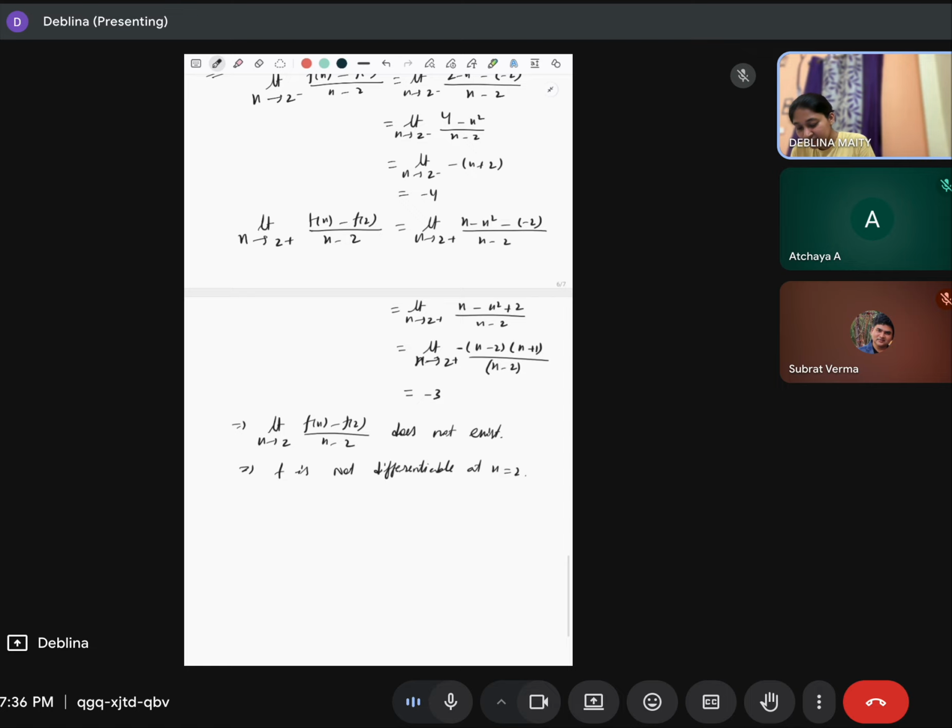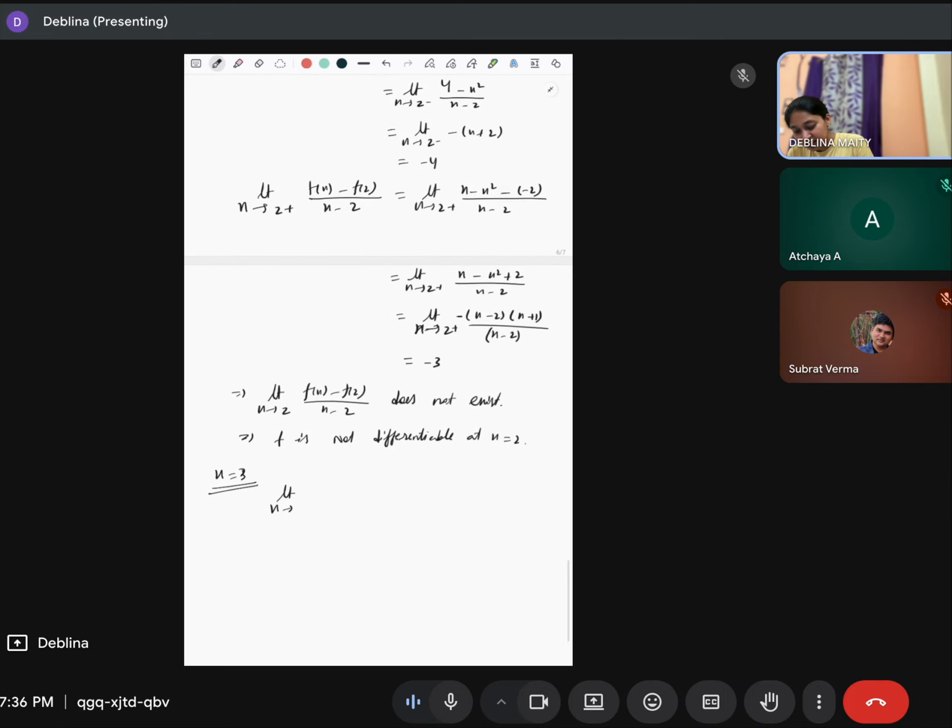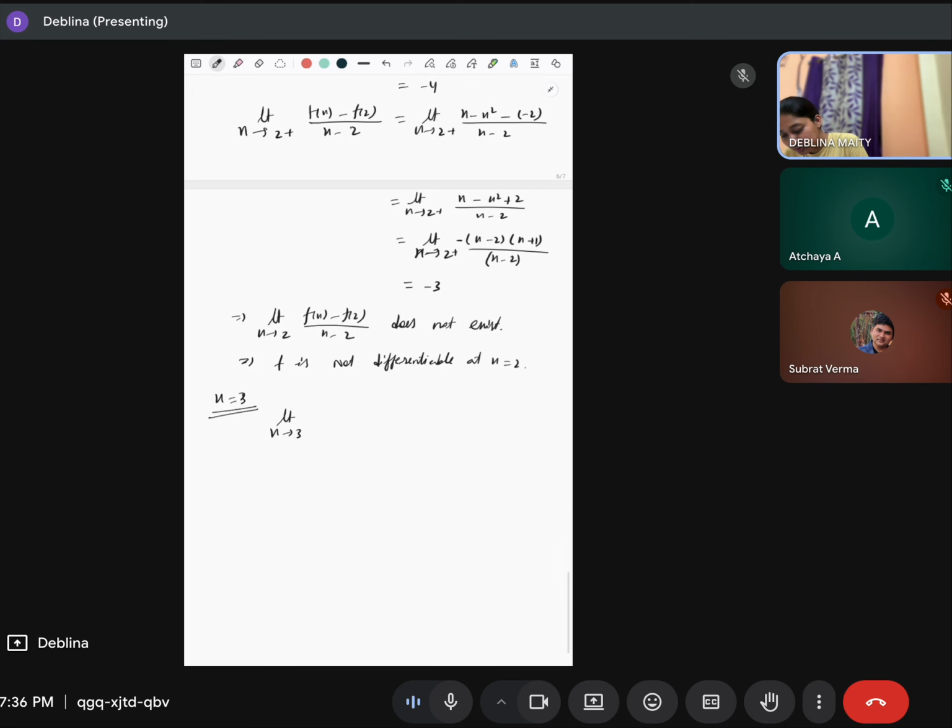And the last point is what? x equals 3. There is only one direction, the left, so x goes to 3 minus of (f(x) minus f(3)) by (x minus 3).